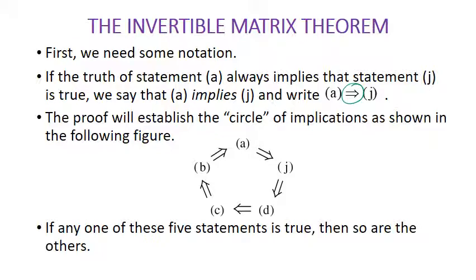You will find that if any of these 5 statements are true here, then the others are true as well, because it's circular. A implies J, J implies D, so on and so forth. So it's like a circular set of implications here.